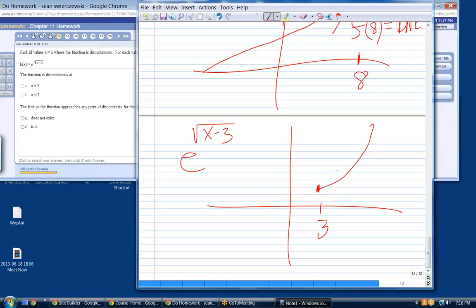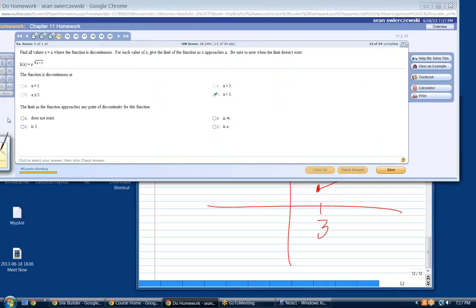So they're saying as we approach points of discontinuity, which are anything to the left of 3, what does the function do? It doesn't do anything. In other words, if I said, what is this as we approach 0? Well, you can't approach 0. We're not even in the function territory at 0. The function doesn't begin until 3. So 3 is not a point of discontinuity. So the answer here would have to be does not exist. Okay.